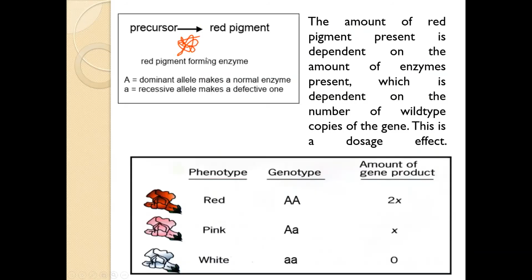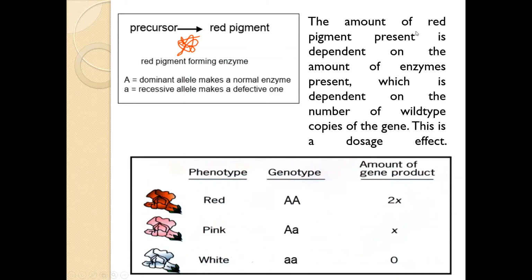Like a precursor and the red pigment. The precursor to red pigment is catalyzed by one enzyme, a red pigment forming enzyme. Like A, the dominant allele, makes a normal enzyme, and small a, the recessive allele, makes a defective enzyme.